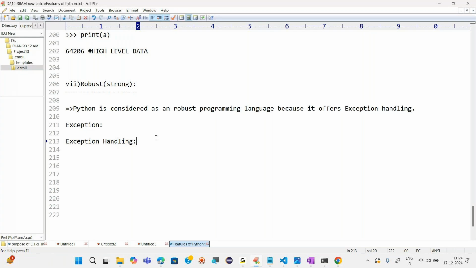It is the programmer's responsibility to make sure that whatever you are writing is in the appropriate field. If you are writing a mobile number, it should be in the mobile number field itself. If you are writing a name, it should be in the name field itself. If you are writing age, it should be in the age field itself.